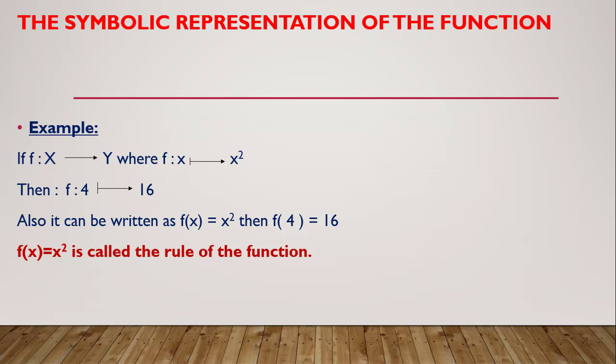For example, f maps 4 to 16. Why 4 to 16? Because 4 power 2 equals 16. So f maps 4 to 16. If it's not 4, if it's 5, 5 power 2 equals 25. So f will map 5 with 25, 6 with 36, and so on.